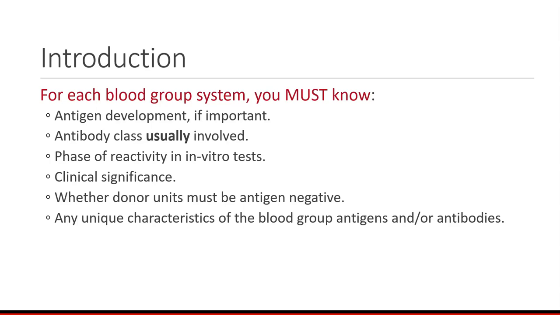By that I mean taking manufacturers' typing sera and testing the donor to make certain it is negative for that particular antigen. And any unique characteristics of the blood group antigens and or antibodies, which we will discuss individually as we go through the different blood group systems.